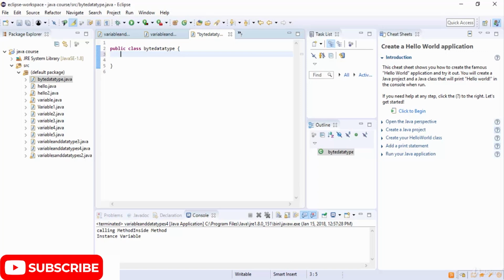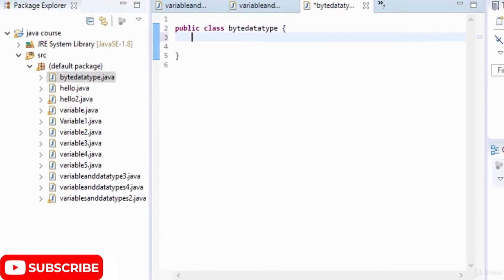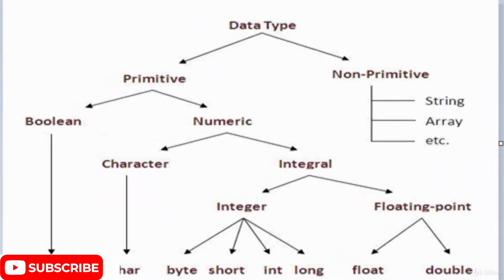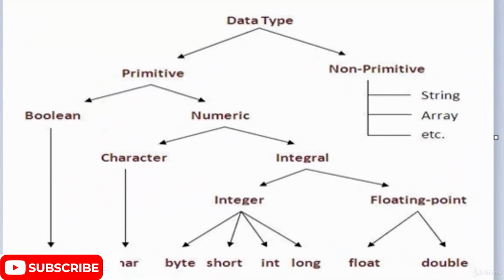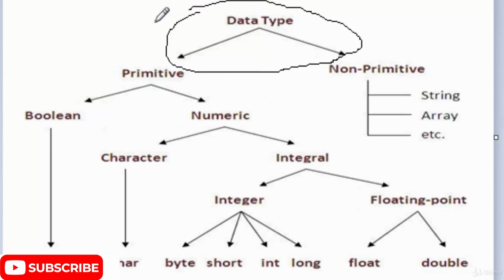So there are two types of data type. The first one is the primitive data type, and the second one is the non-primitive data type. Here you can see the data types.